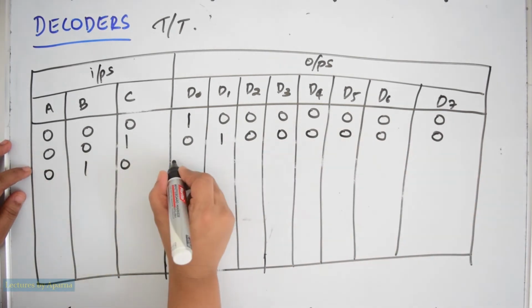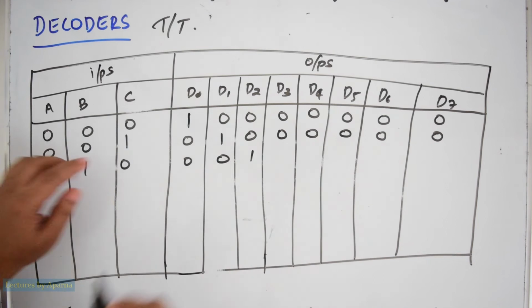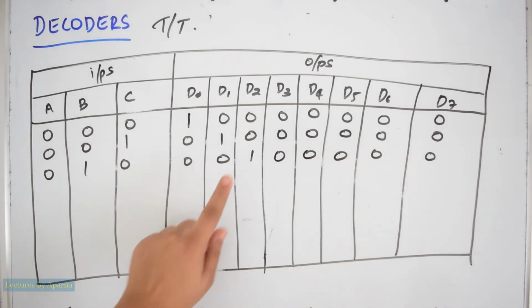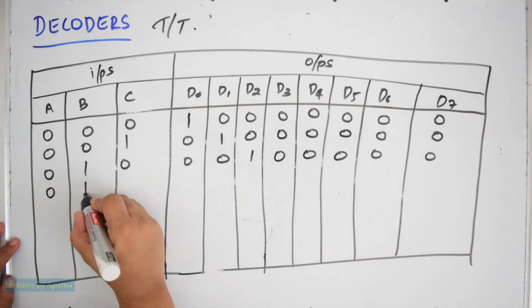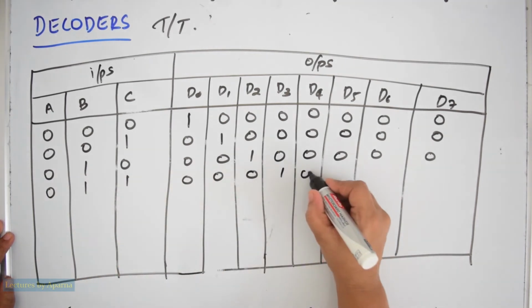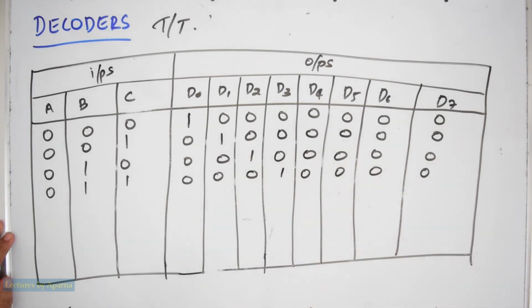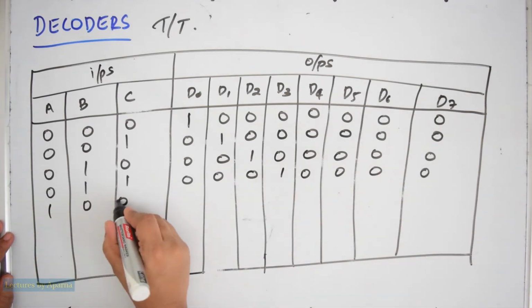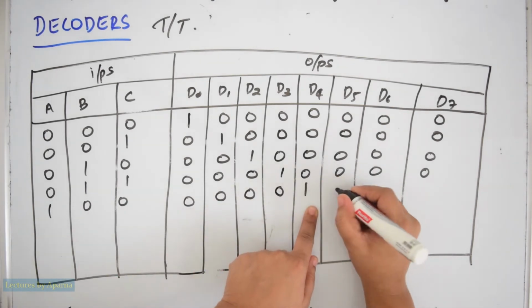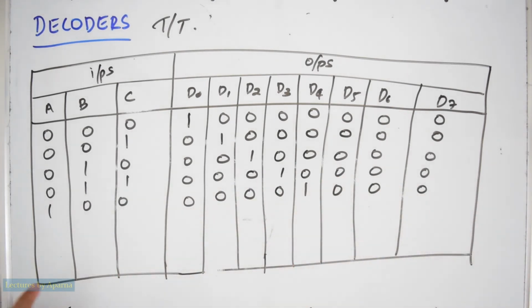For 0, 1, 0, D2 will be high, all others will be 0. For 0, 1, 1, D3 will be high. For 1, 0, 0, D4 will become high. All others will be 0.